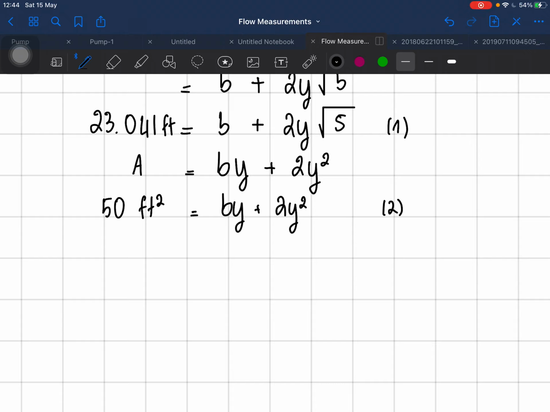23.041 equals, because we have x and y, right? So x plus 2y square root of 5. How do I enter this one? Okay, shift solve.